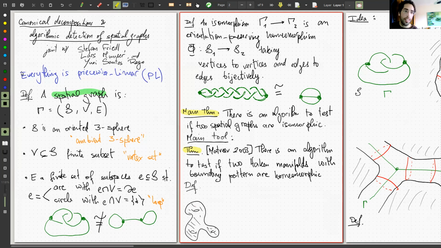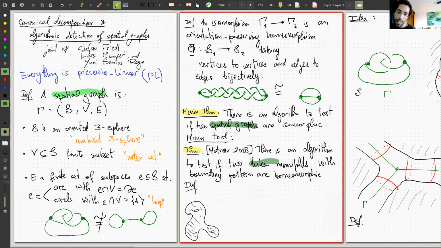And I guess you don't have to be too perceptive to realize that these theorems look similar. So our result is for spatial graphs, and Matveev tells us something about these Haken manifolds with boundary pattern, whatever this is.